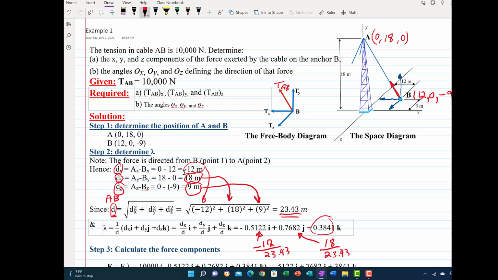And the last one is 9 over 23.43. Okay, so I got the whole lambda vector.